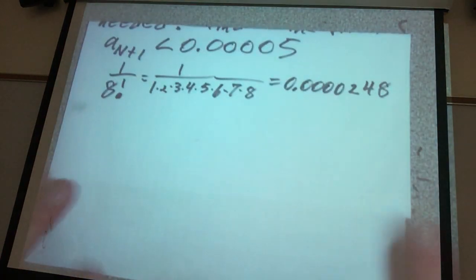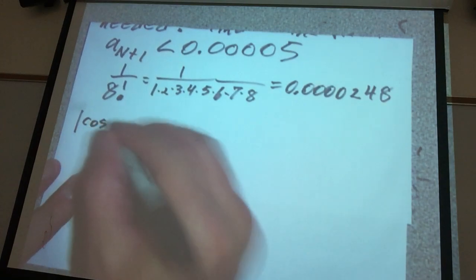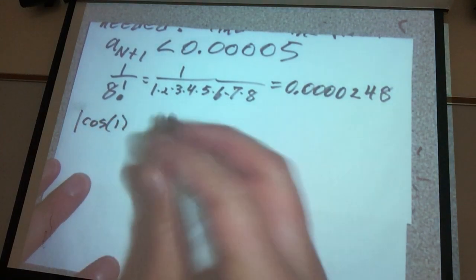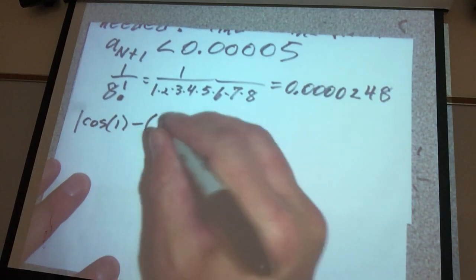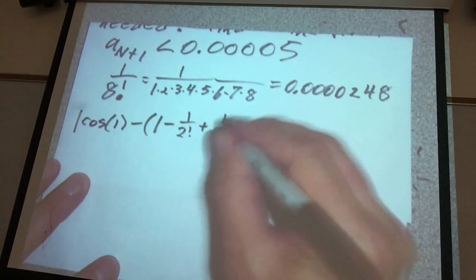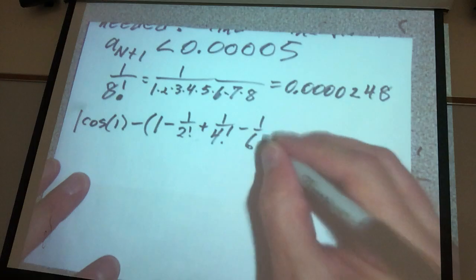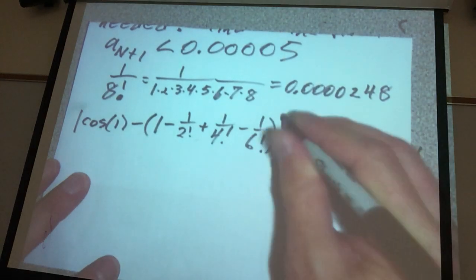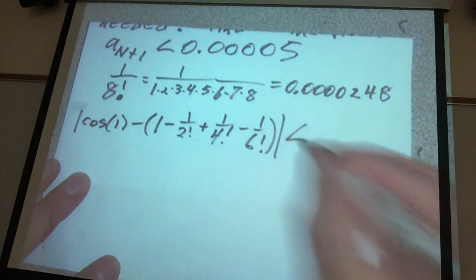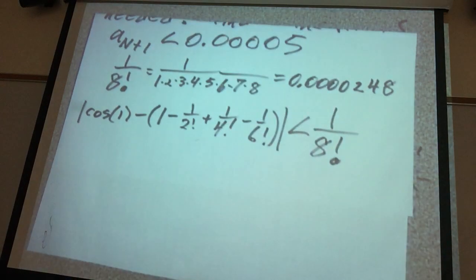This means that cosine of 1 minus 1 minus 1 divided by 2 factorial plus 1 divided by 4 factorial minus 1 divided by 6 factorial has to be bounded by 1 divided by 8 factorial.